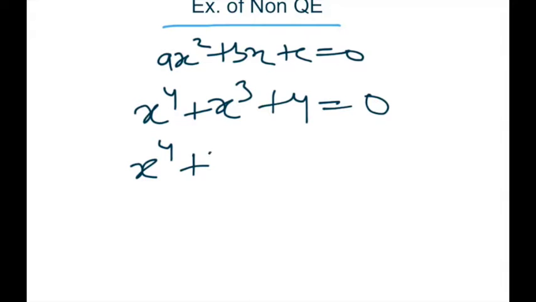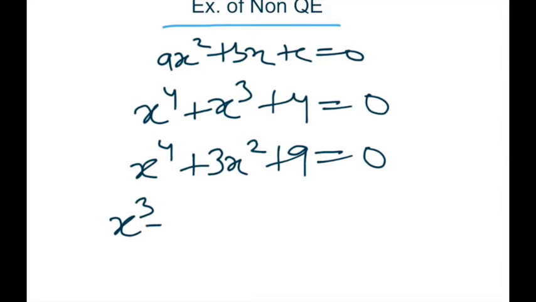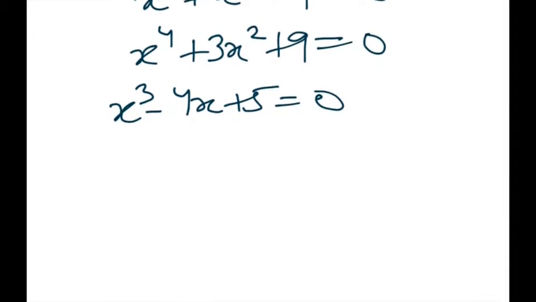X to the power 4, 3x square plus 9. Again, this is also not quadratic. Here this is power 3, not power 2. So x to the power 3 minus 4x plus 5 equals to, this is not a quadratic equation.